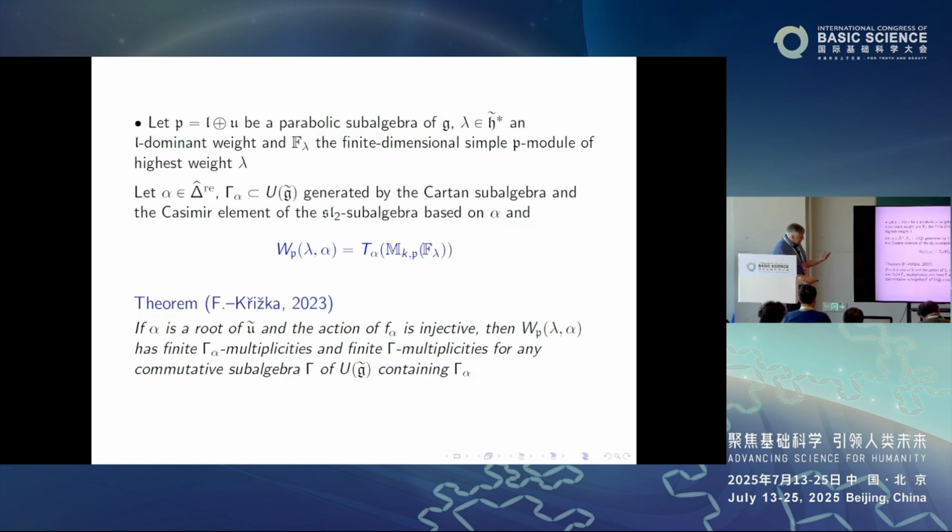And it gets even better. So now you can imagine that we have any commutative subalgebra containing gamma alpha. As long as it contains Cartan and contains this Casimir, then it will have finite multiplicities on the whole module. And this has a flavor of a Gelfand-Tsetlin module in the finite dimensional setting.